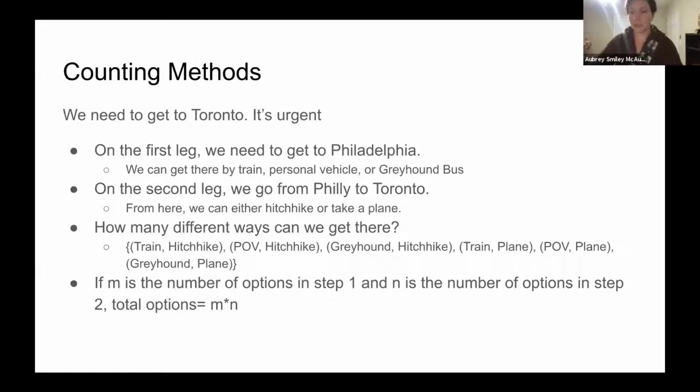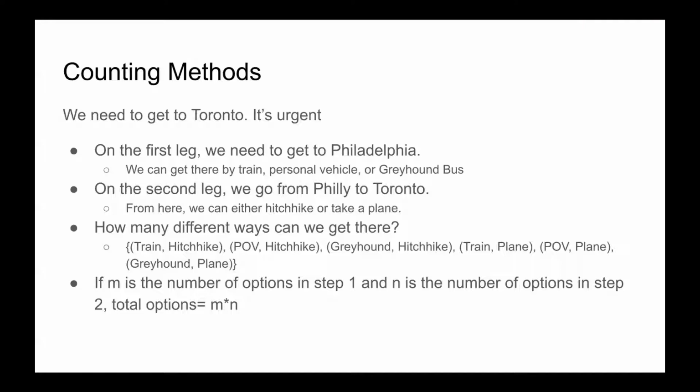So that's a basic counting method. And this could go on for a very long time. If there are 17 legs of the trip, we could multiply all the way down the line. So do you know why we multiply them? Recall back on Monday when we multiply probabilities of things.